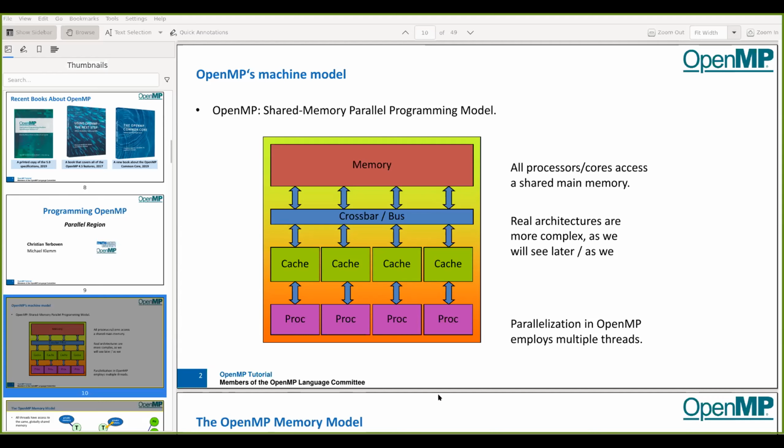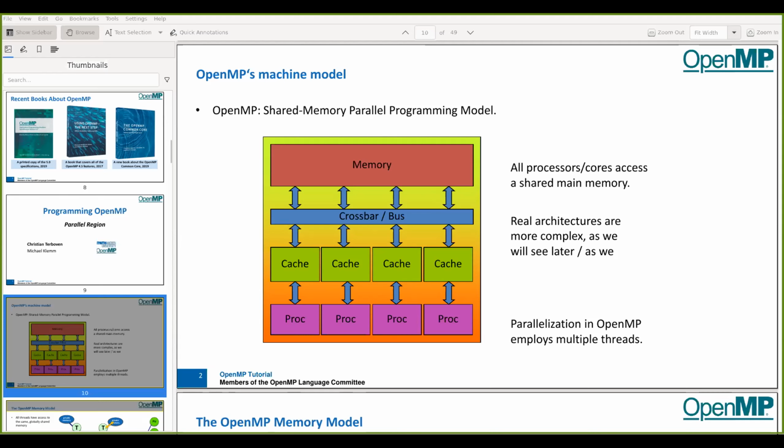But these threads still have a certain cache hierarchy at their disposal. And we will talk about those interactions a little bit later on. And they all have a connection to the shared memory. And that's a fundamental idea. So we have many processing elements, meaning, for example, host processor cores or accelerators, and they have access to a shared memory. And in consequence, OpenMP is a shared memory parallel programming model.